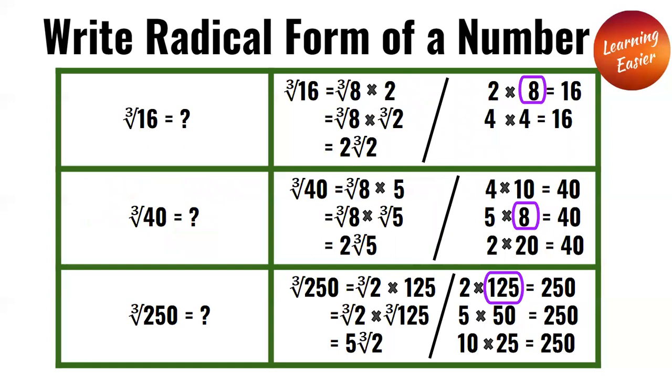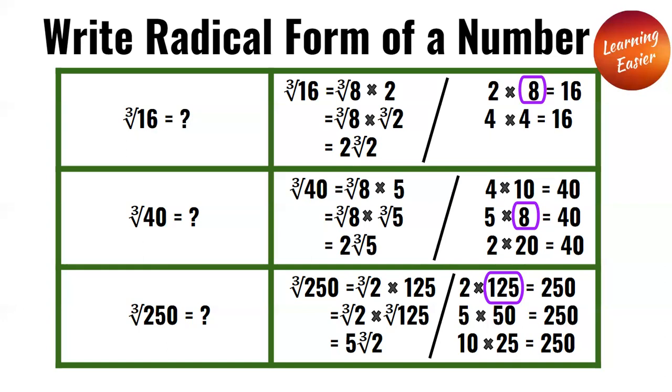Here we have the cube root of 16. The factors of 16 are 2 times 8, which is equal to 16, and 4 times 4, which is equal to 16. We are not looking for perfect squares now, we're looking for perfect cubes. I know that 8 is 2 times 2 times 2, so 8 is a perfect cube.